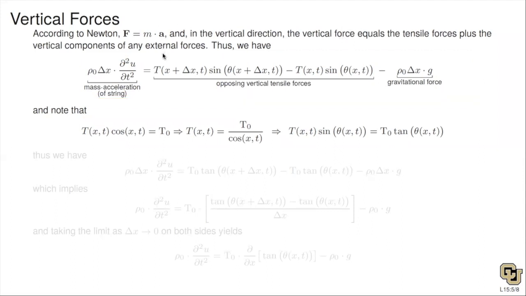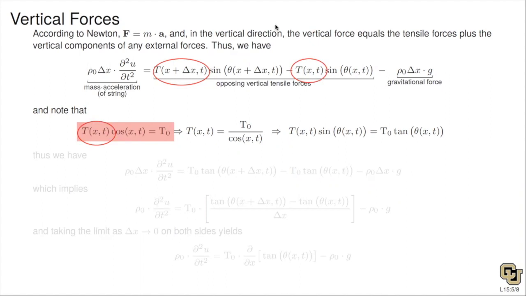Okay, so first, we have this assumption that the tangential force in the horizontal direction was constant. We call that constant T sub 0. And so I can solve for T of x,t. This term T of x,t appears in our equation, so I kind of want to replace that.